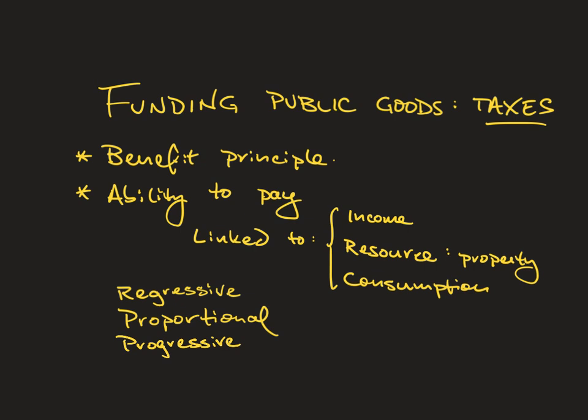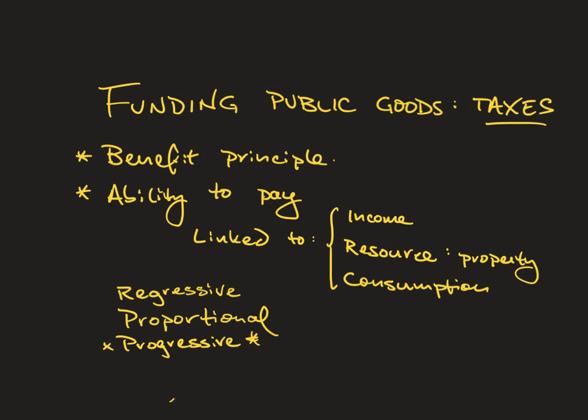So a way to build that into a tax system is to design a tax to be progressive. Only a small portion of the income of poor people and a larger portion of the income of wealthy people. That does provide some allowance for the fact that the poor have less disposable income than the wealthy. And I think that most economists would agree that income tax systems should probably be progressive.